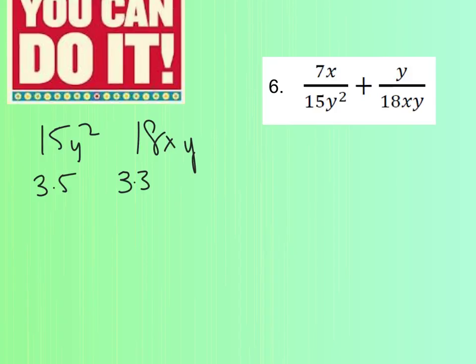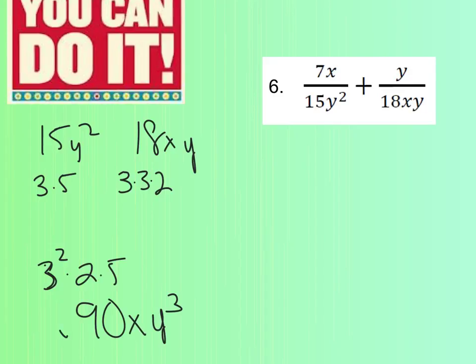That's 3 times 3 times 2. All right, so 3 shows up twice, and a 2 and a 5. So that'll be 90. And then x, y squared. Sorry, not y cubed, y squared. So that becomes my new least common denominator, or least common multiple. So that becomes my common denominator.